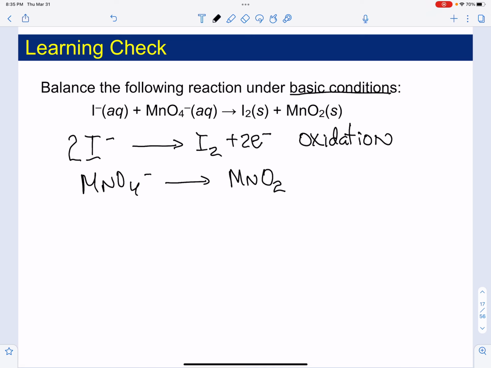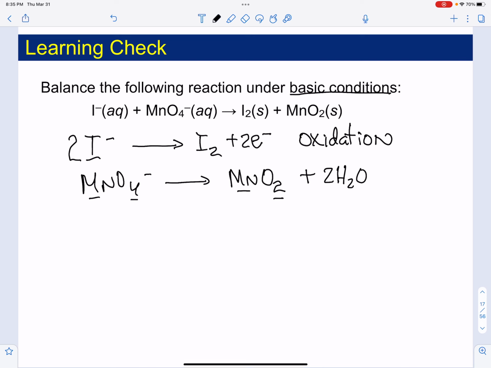So that means the one with the permanganate better be the reduction. So we better find the electrons on the left side with the reactants. So on this one, we have 1 manganese, 4 oxygens, and 2 oxygens. So we're going to fix that by adding 2 water molecules.